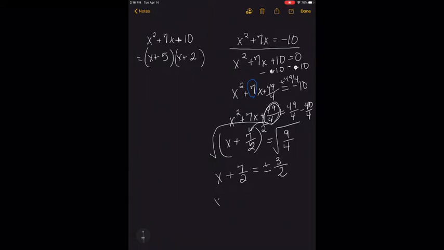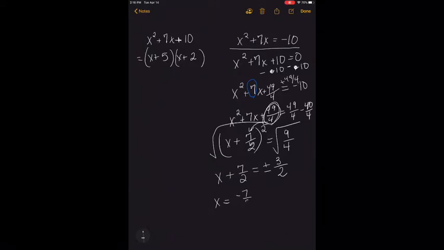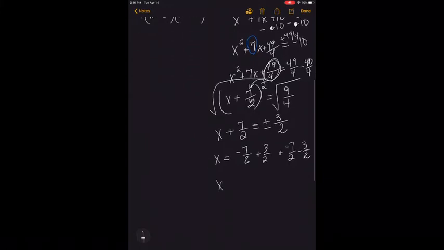Because both of those numbers are perfect squares. So now when we subtract 7 over 2 from both sides, we get x equals negative 7 over 2 plus 3 over 2 and negative 7 over 2 minus 3 over 2.